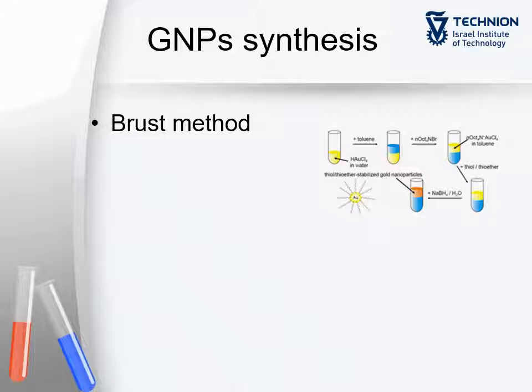Here, the spherical gold nanoparticles will be from 2 to 6 nanometers in diameter. Sodium borohydride is the reducing agent, and TOAB is both the phase transfer catalyst and the stabilizing agent. In drug delivery applications, spherical gold nanoparticles are the most widely used gold nanostructure.